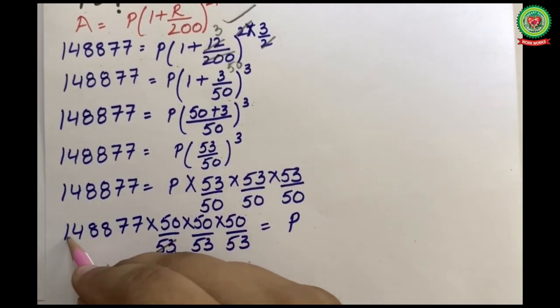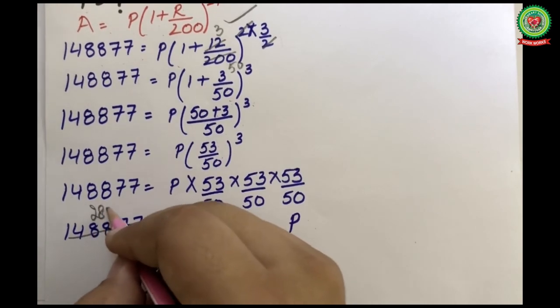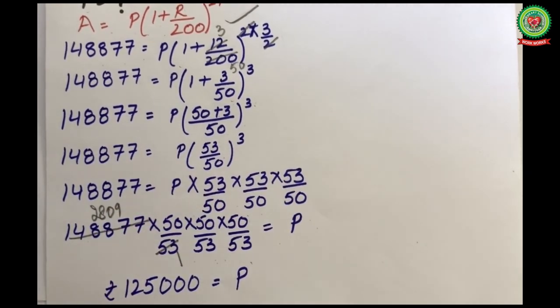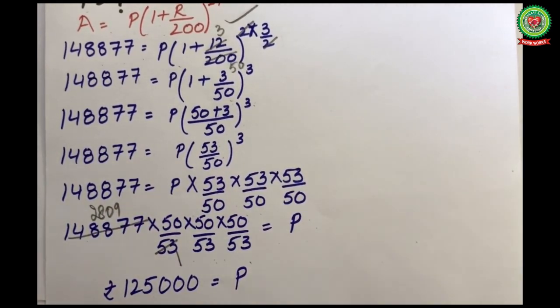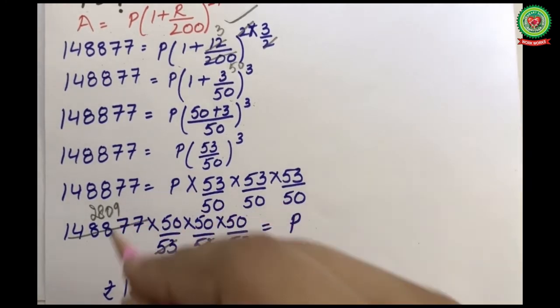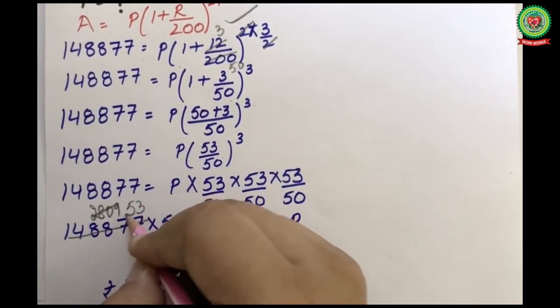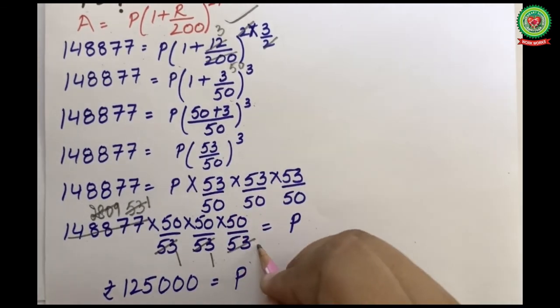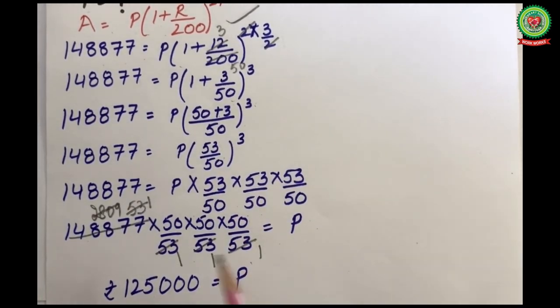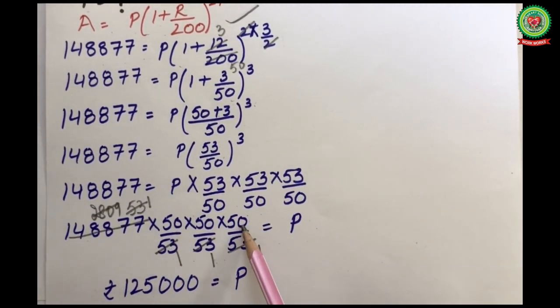After doing cutting we get 2,809. We are again going to do the cutting of 53 with 2,809. We get 53. So 53 ones are 53. Now we are going to multiply 50 three times. So on multiplying, we get our final answer of principal as rupees 1,25,000.